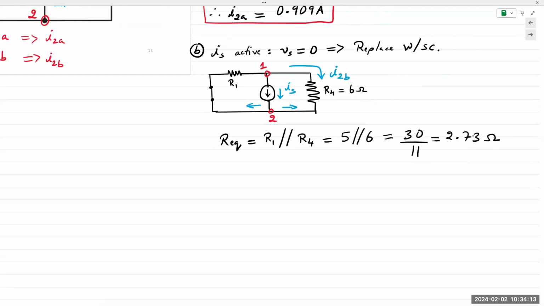Keep in mind, this Req is different from circuit A. In circuit A, all three resistors were in series. In here, 2 of them were in series, and they were in parallel with the third one. So this Req for circuit 2 is different from the Req in circuit 1. It's not the same.